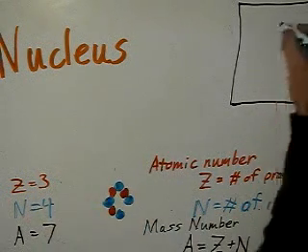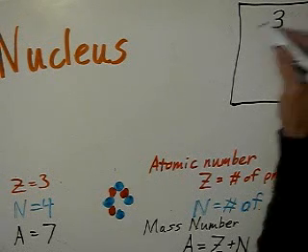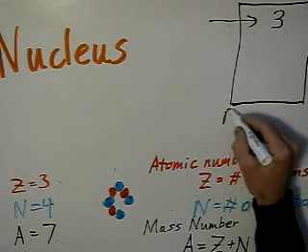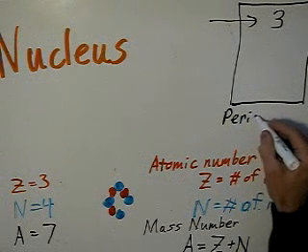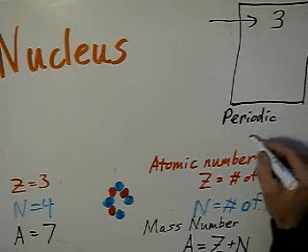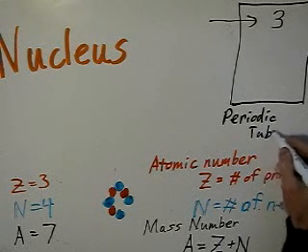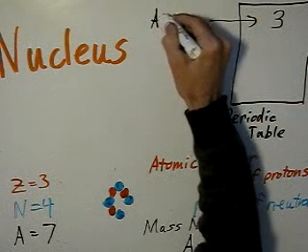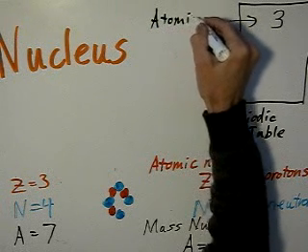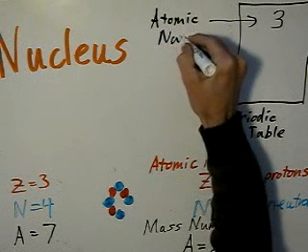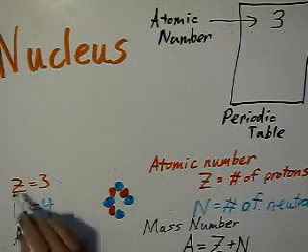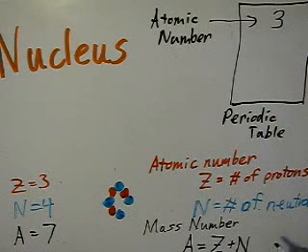The number we're looking for is 3, because the number at the top of each of the boxes on the periodic table is the atomic number. The atomic number is 3, Z.